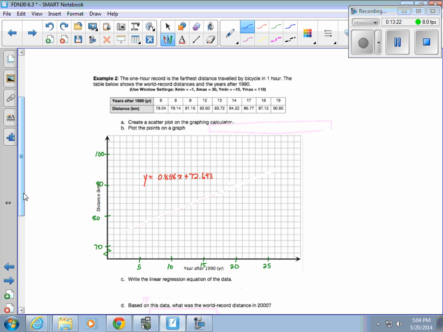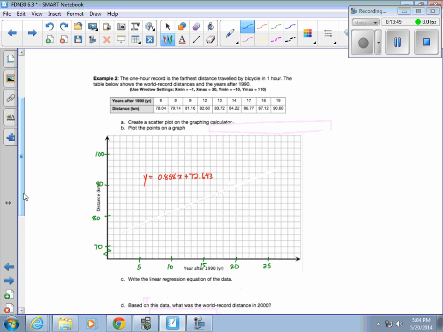And I cheated and put the line of regression. I forgot to take that off of there. So let's go to our graphing it here. So years after is 6 and 78.04. So these are going up 2, 4, 6, 8.